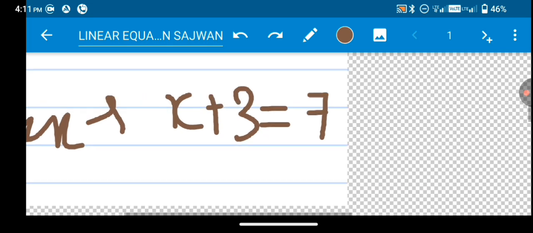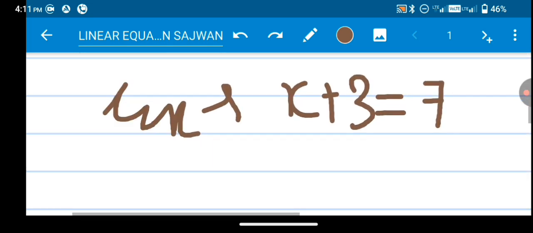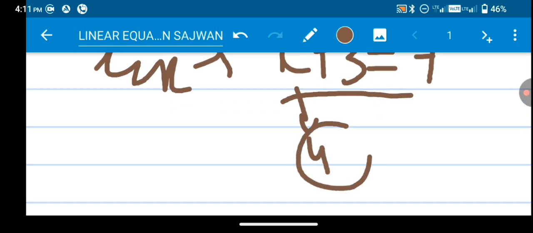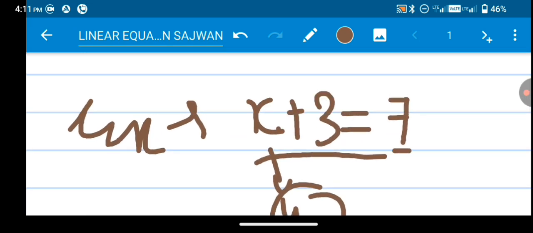The answer is that there is only one possible value for the solution of this equation. That will be 4. 4 plus 3 is equal to 7.